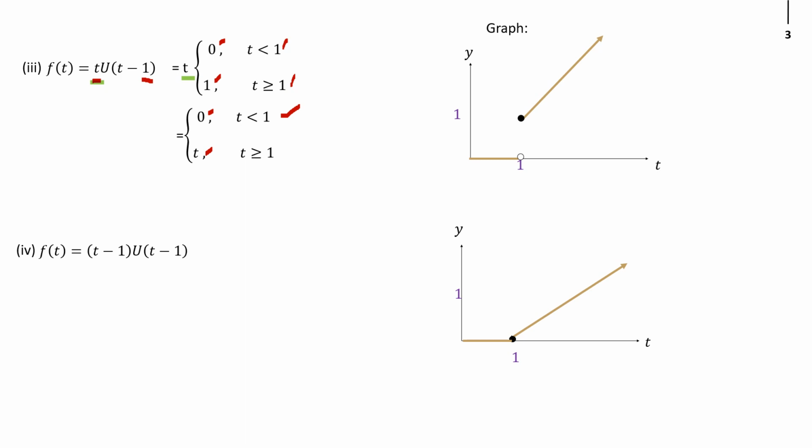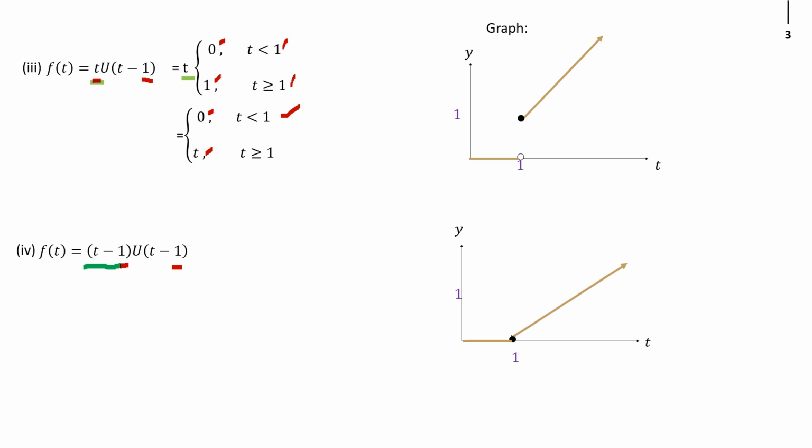The fourth is f of t equals t minus 1 times u of t minus 1, and of course you can see that here a is 1 and beside u we have another function.